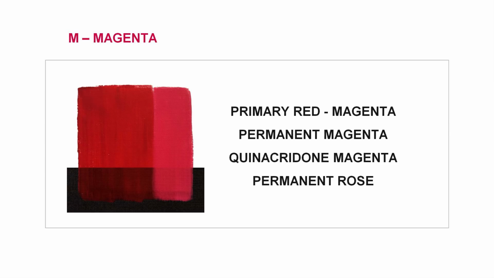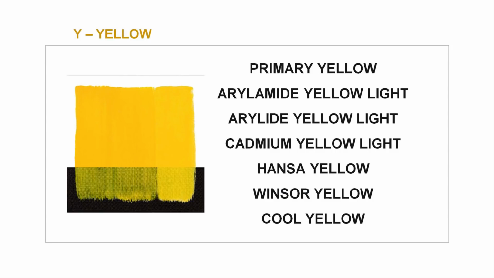For magenta: primary red magenta, permanent magenta, quinacridone magenta, permanent rose. For yellow: primary yellow, Acrylic yellow light, cadmium yellow light or cadmium yellow pale, Hansa yellow, Windsor yellow, and cool yellow.